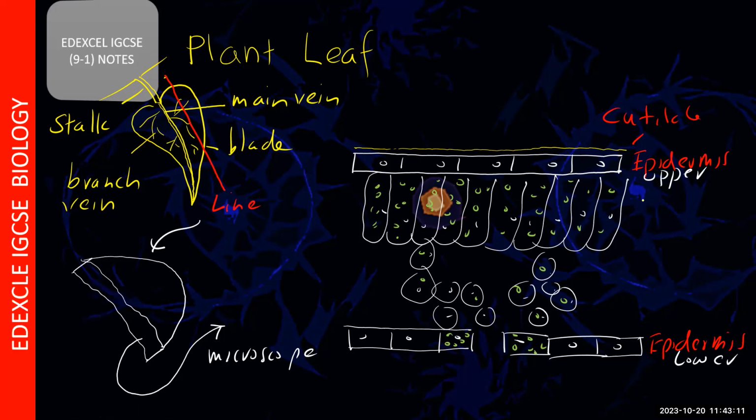And these cells are called palisade cells, and these are called spongy mesophyll. Palisade mesophyll and spongy mesophyll.